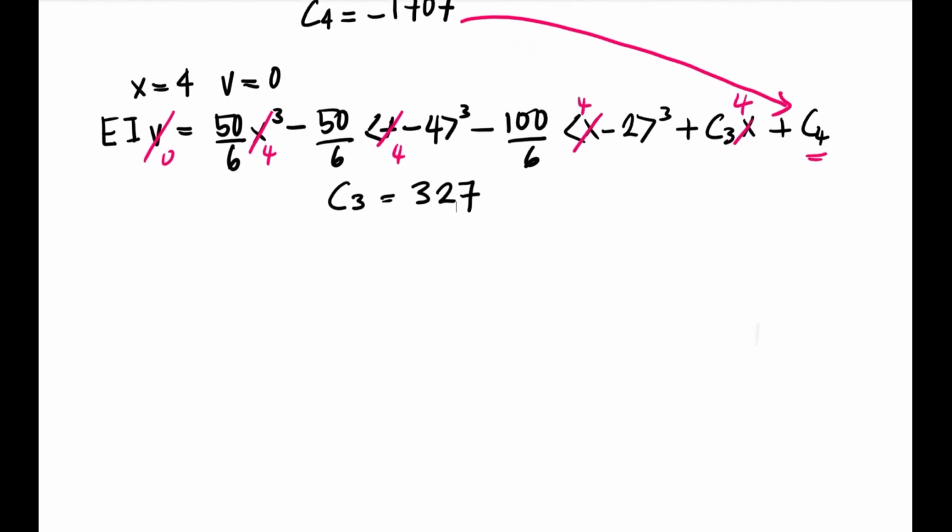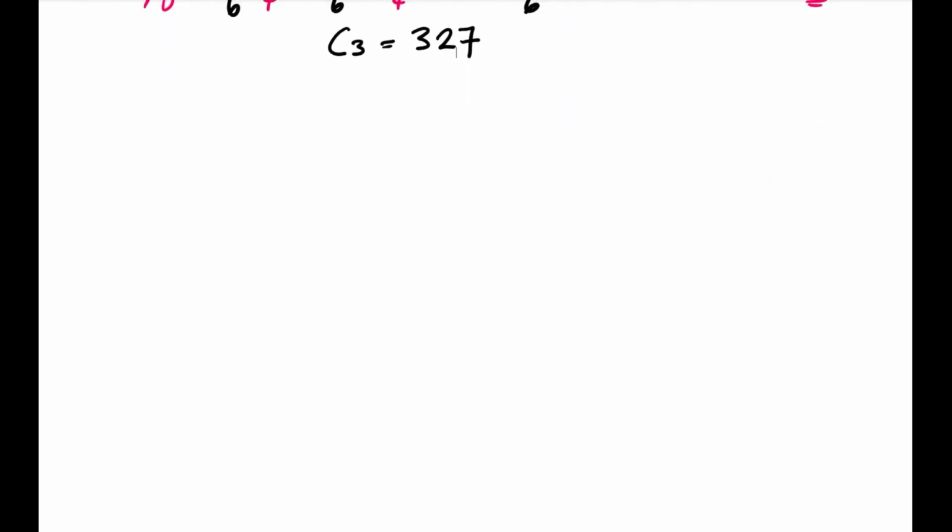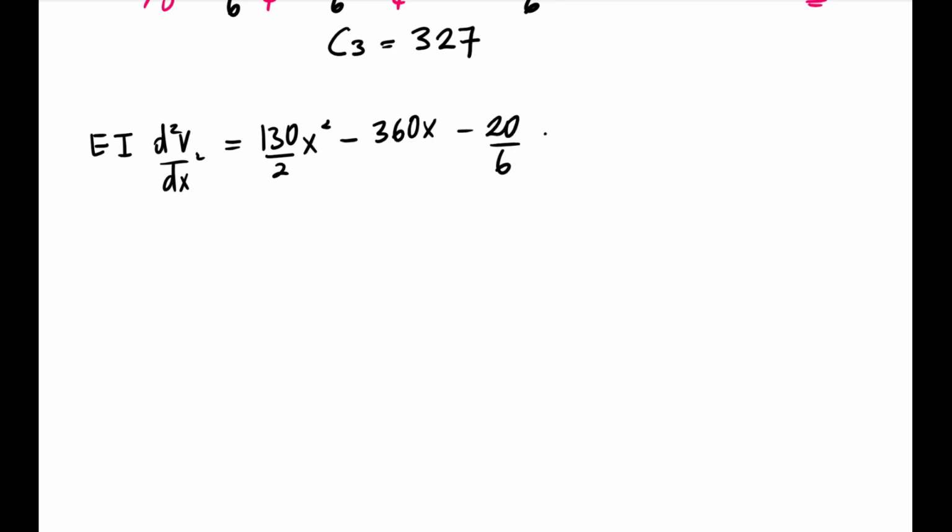Then we need to rewrite all the equations for slope and deflection. We start with member AB. The slope: 130 divided by 2 x² minus 360x minus 20 divided by 6 x³ plus C1.